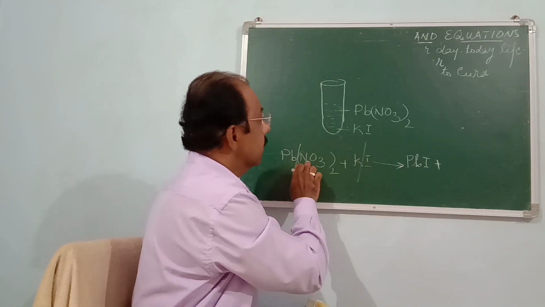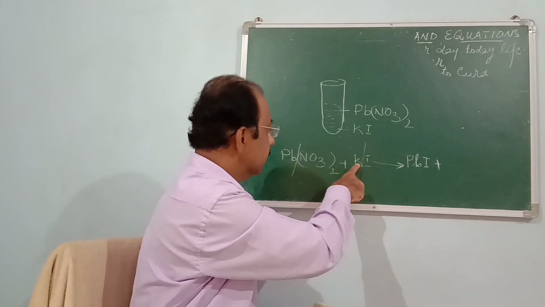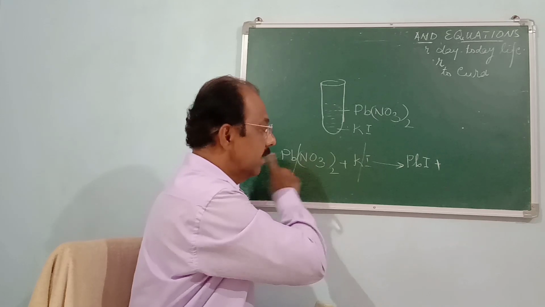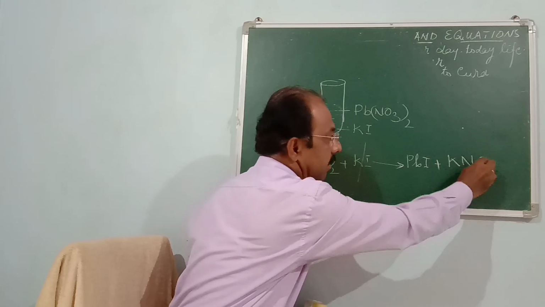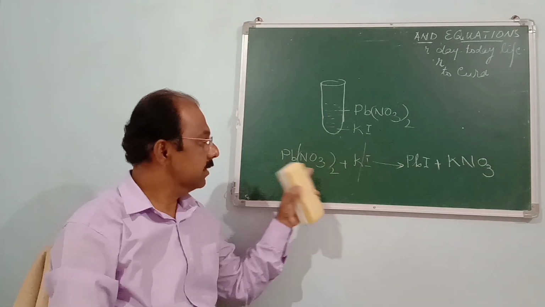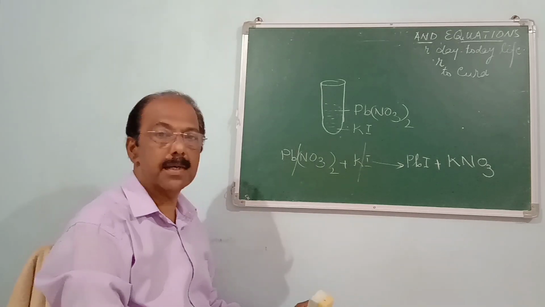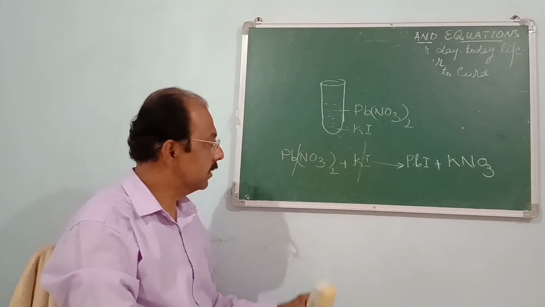Here nitrate is left and here potassium is left. And therefore potassium and nitrate combine to form a chemical substance called potassium nitrate, KNO3. For balancing this, we are coming to the next topic, balancing of chemical reactions, but there is a need for balancing a chemical reaction and we have to balance this.